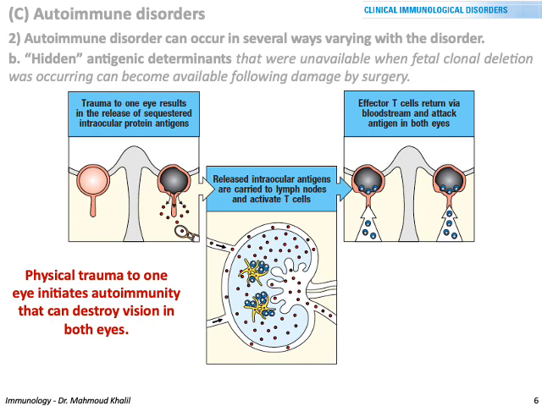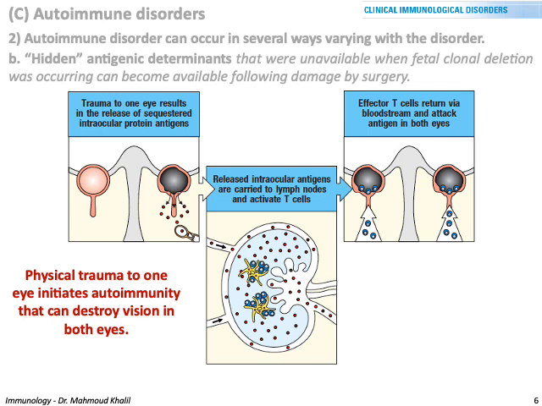So this kind of antigen might be in organs that during development have escaped contact with the reticuloendothelial tissue. In this case, the embryo or the fetus can be born with this antigen inside his eyes.